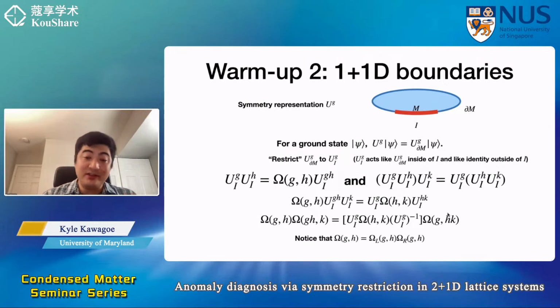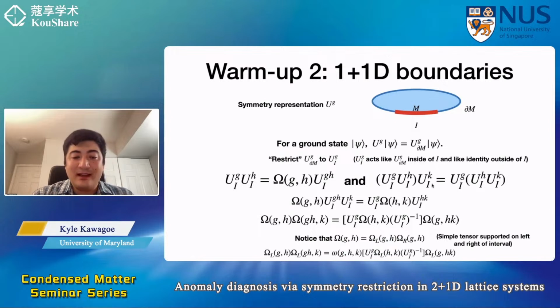And now what you can do is say, you have this relationship between these omega operators. Using the fact that omega is only supported on the boundary of I, we also know that this equation must be satisfied by, take omega to be the product of something on the left and right, L and R. This constraint on omega means that omega L also satisfies this constraint on the left side, and omega R satisfies this constraint on the right side, but again, only up to a phase.